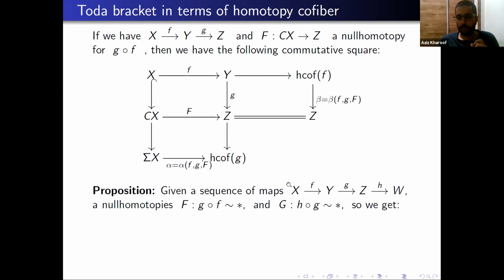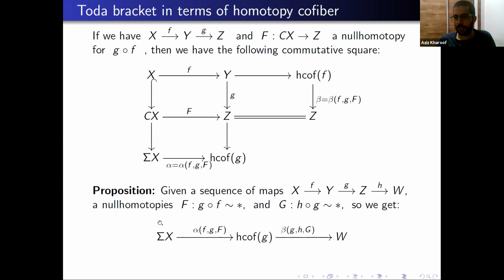Then if one has this Toda system, what we call a Toda system, we have 3 maps with 2 null homotopies for the composition. Then if one calculates alpha of F, G, and this null homotopy, and then the beta of this composition with this null homotopy, then what we get is the map from the homotopy cofiber of G to W. And if one composes this, one gets the Toda.